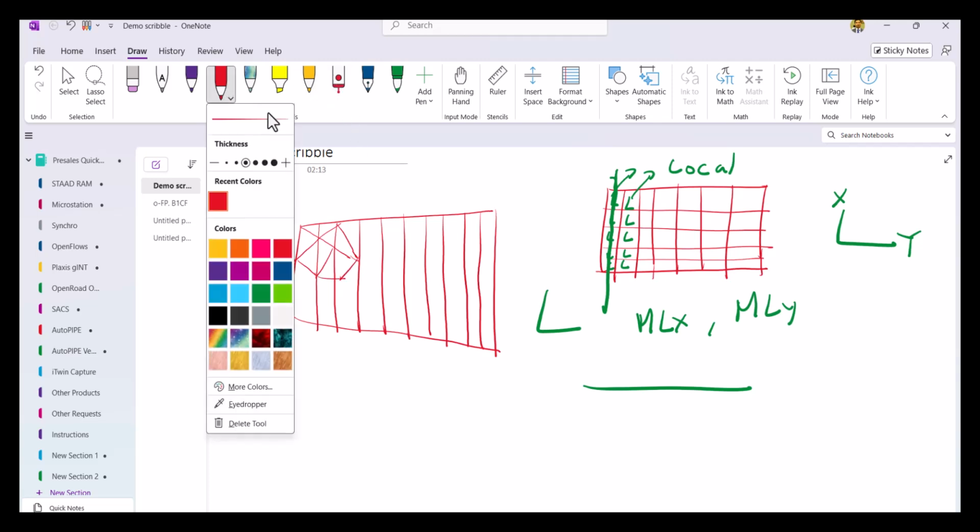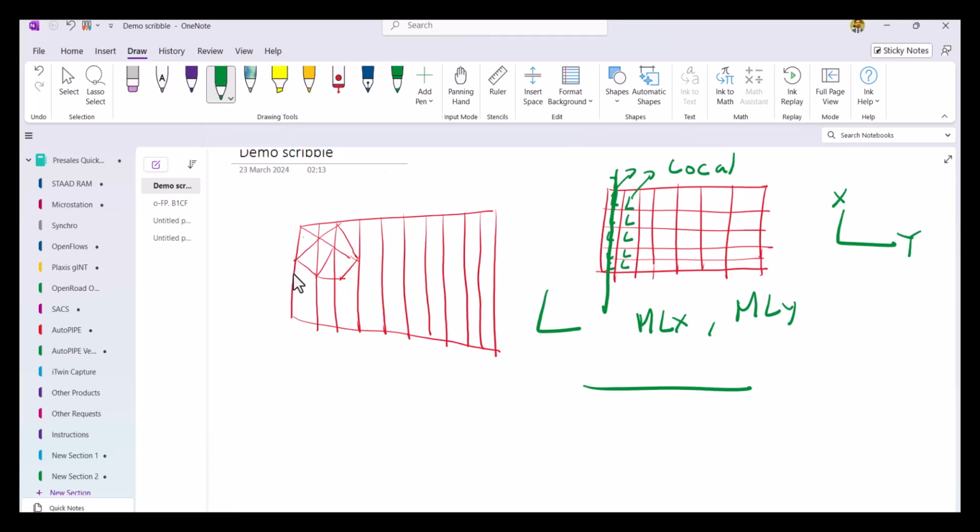Now, say for example, this one has the local axis orientation like this, this one like this, and so on and so forth. So all the local axis moments that you are getting out of the post-processing information, as I mentioned, are all in this local axis reference.